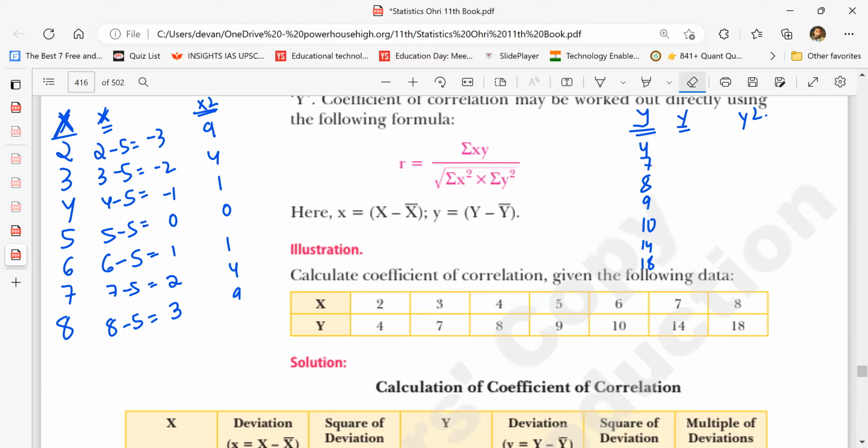First do the x square, then do the y value now.